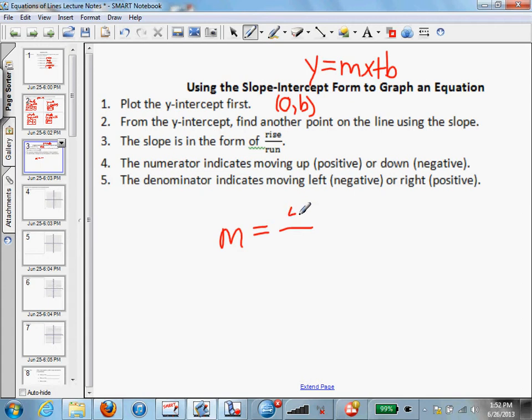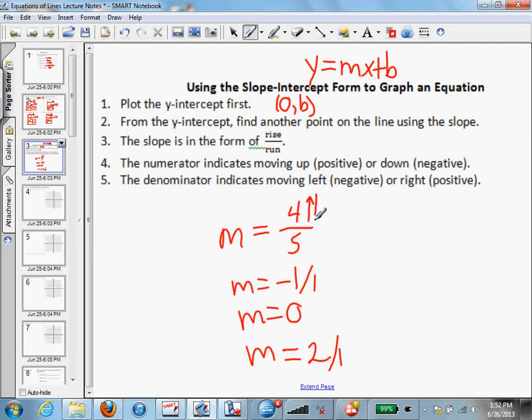and it can either be a fraction like this, it can be a negative, it can be 0, it can be a positive number, and for numbers like this, remember numbers can be written as over 1. And this is going to be rise, so you go up or down according to sign, and then you move left or right according to sign.